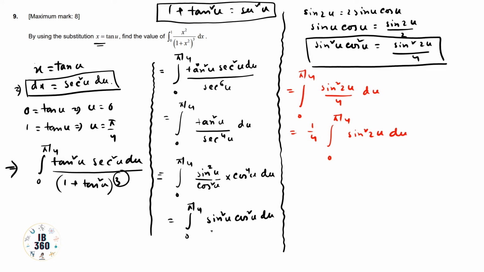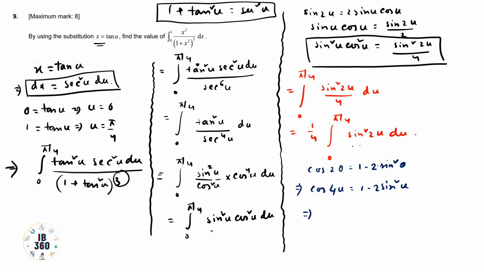Again you have to apply another property, which I am writing here, and on the next slide we will do the rest of the problem. That is cos 2 theta equals 1 minus 2 sine square theta. So if we write it this way, cos of 4u equals 1 minus 2 sine square 2u. Again we are trying to substitute this value.